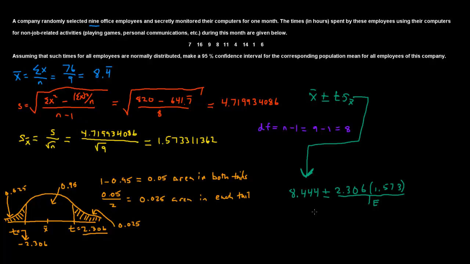E. So what we're really doing here is taking our mean, 8.444, adding and subtracting E. Now, what is E actually equal to? Well, let's see. That 1.57 figure times 2.306, our T value, and we get E is equal to 3.628.